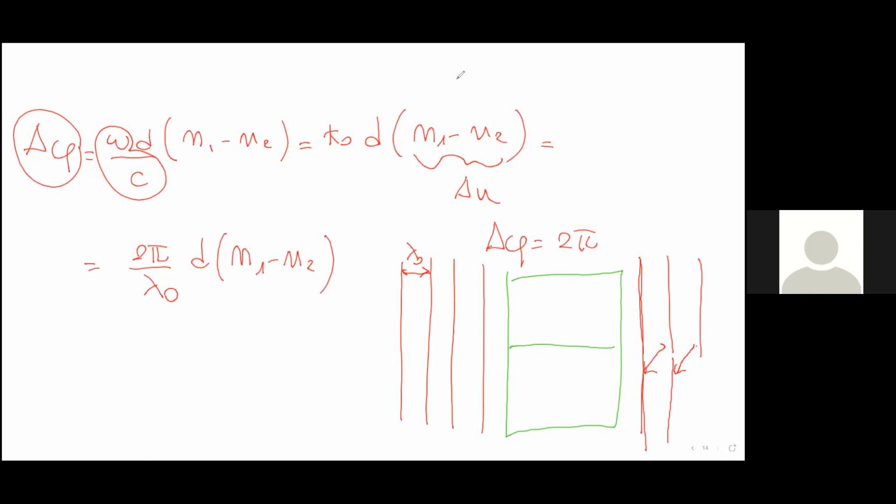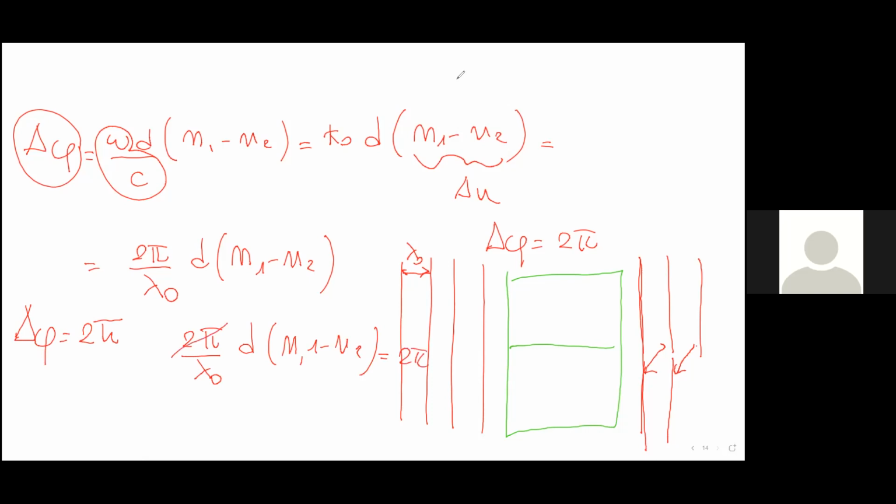And look, what is the condition here to have delta phi equal to 2 pi? You have 2 pi over lambda naught times d times n1 minus n2 must be equal to 2 pi.